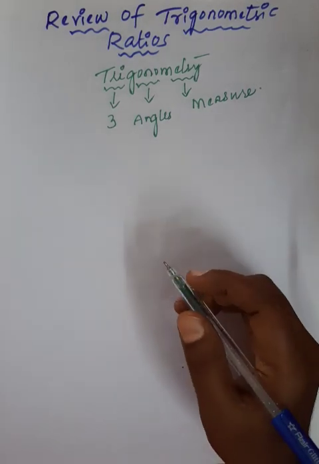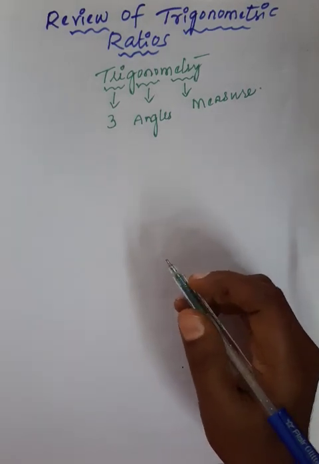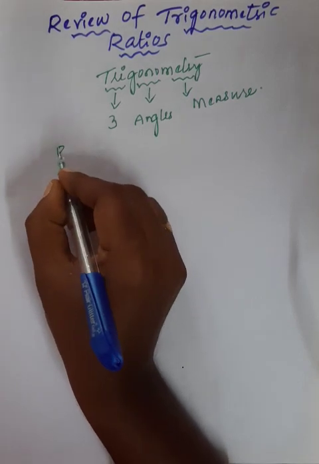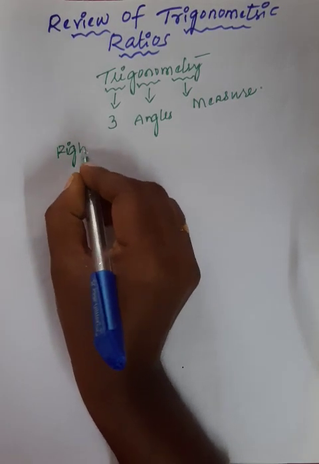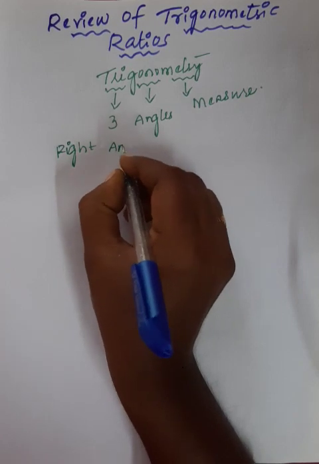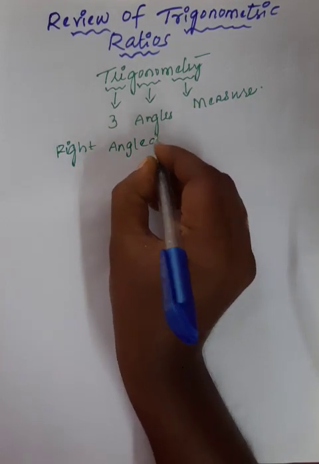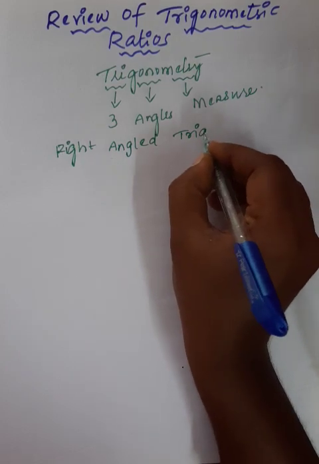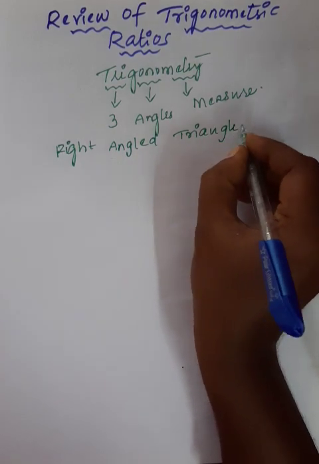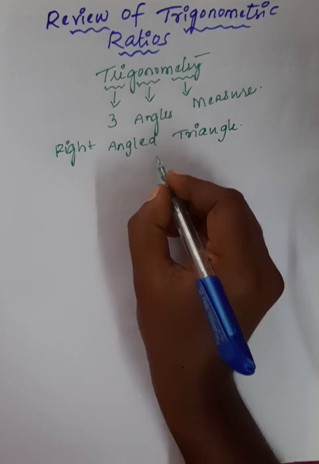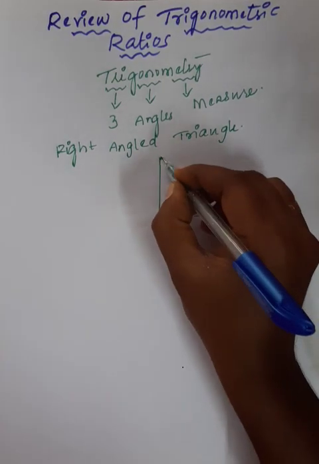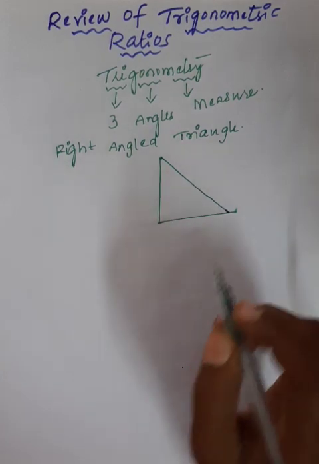Now we are moving on to our basic concept of trigonometry. Trigonometry deals with a right angled triangle. This is a very important topic. Here we have to draw one right angled triangle, like this.